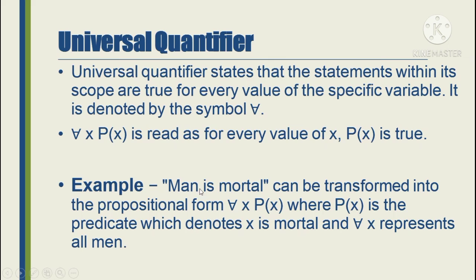Example, "man is mortal" can be transformed into a propositional form: ∀x P of X, where P of X is the predicate which denotes "X is mortal," and the universal quantifier ∀x represents all men.